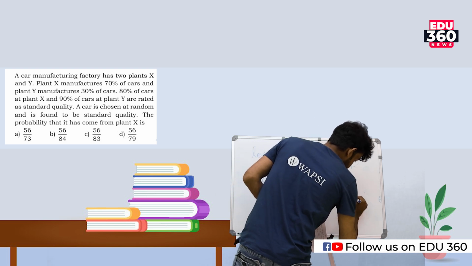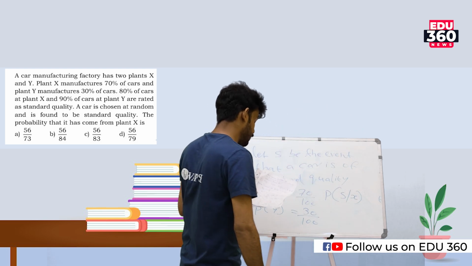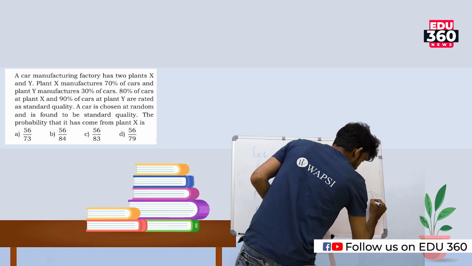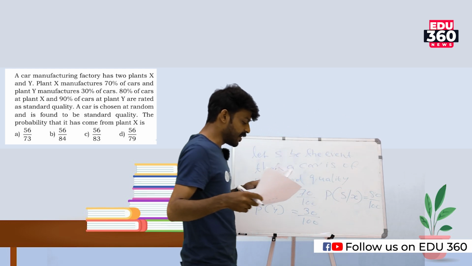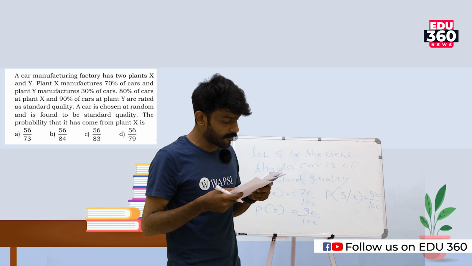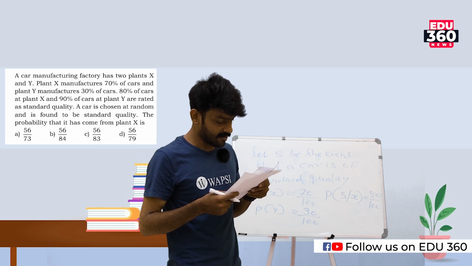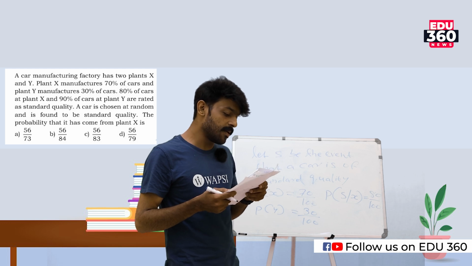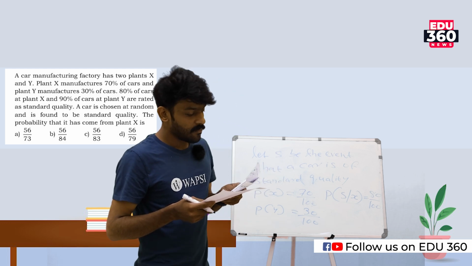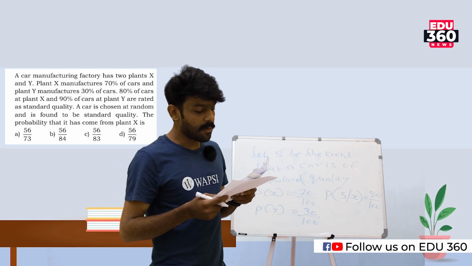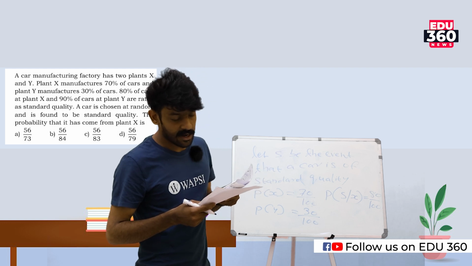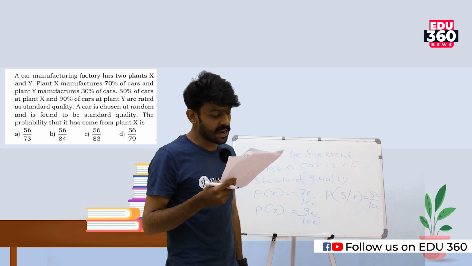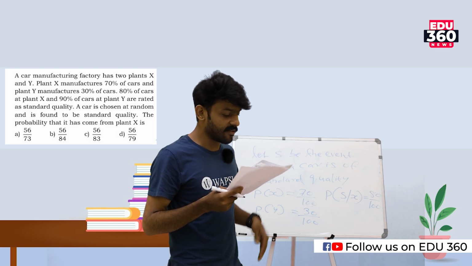And the next is P of S by X. As per the question, that is 80 by 100. It's given that 80% of cars at plant X and 90% of cars at plant Y are rated as standard quality.